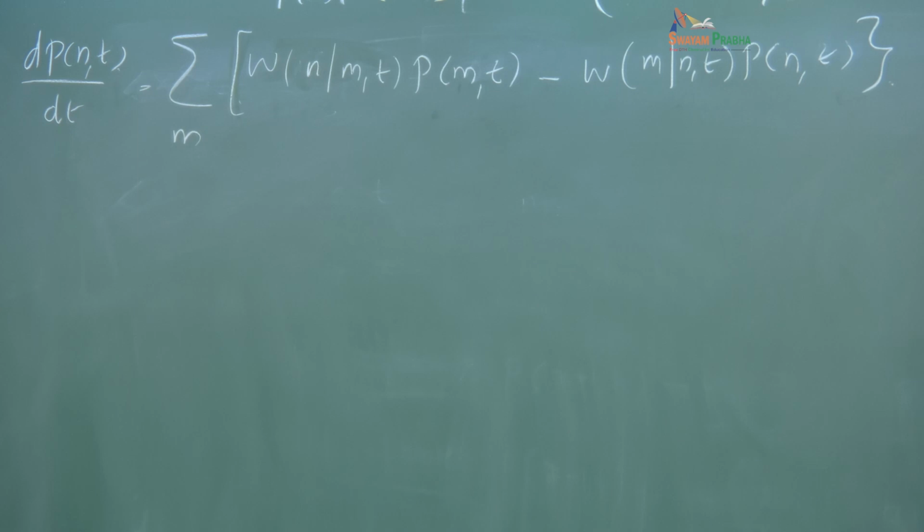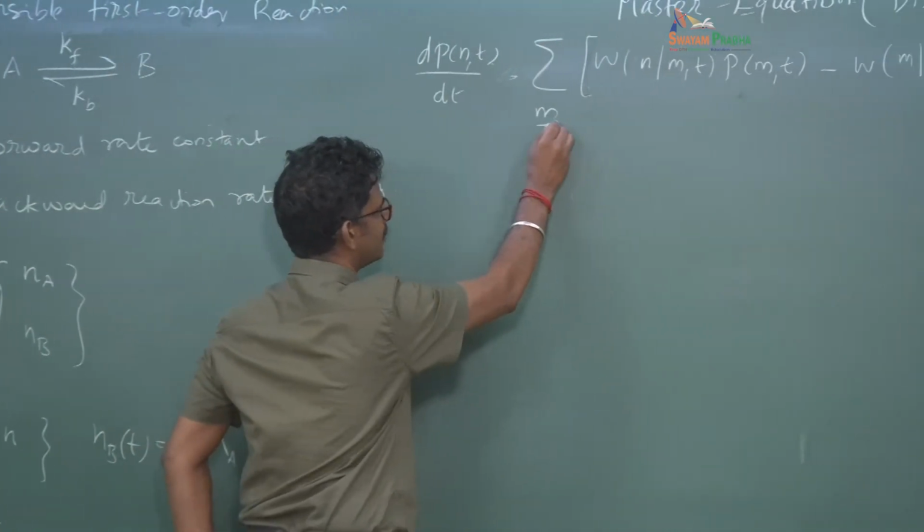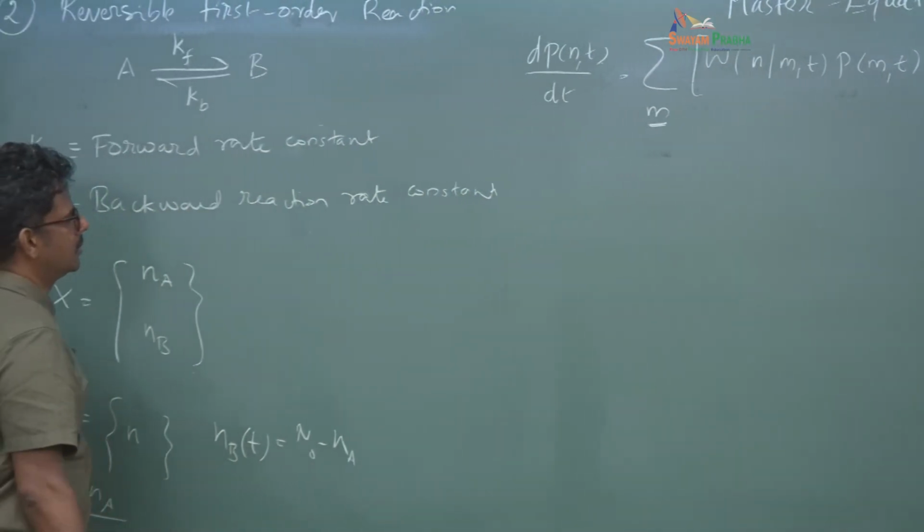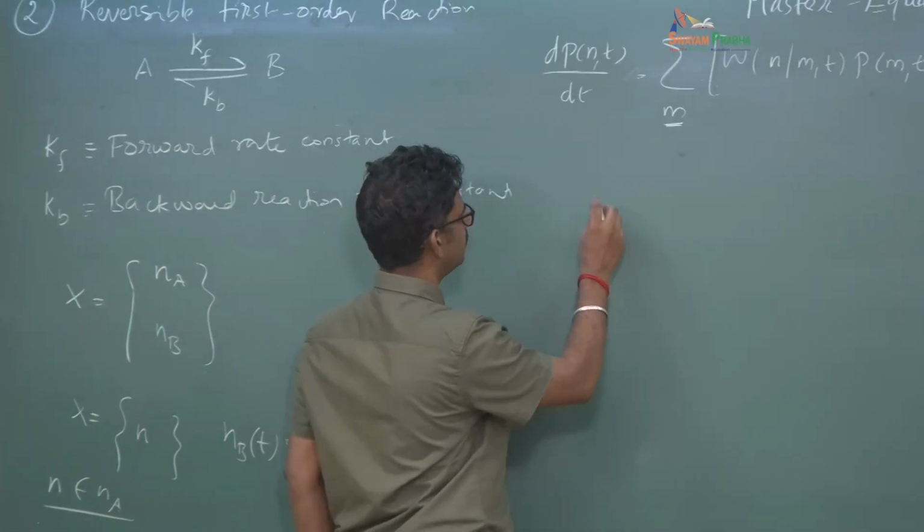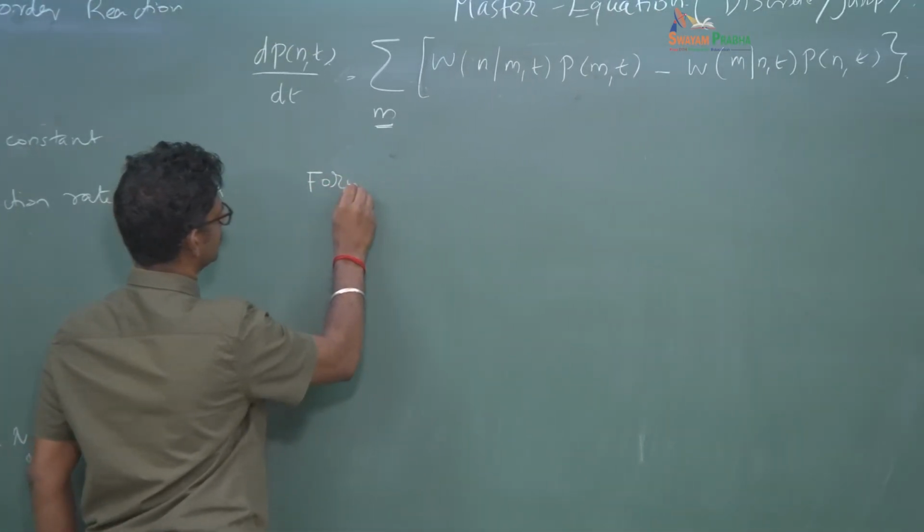So now here we will think about this reaction, and we want to know what are the possible values of M. So we will think about this as first the forward reaction.